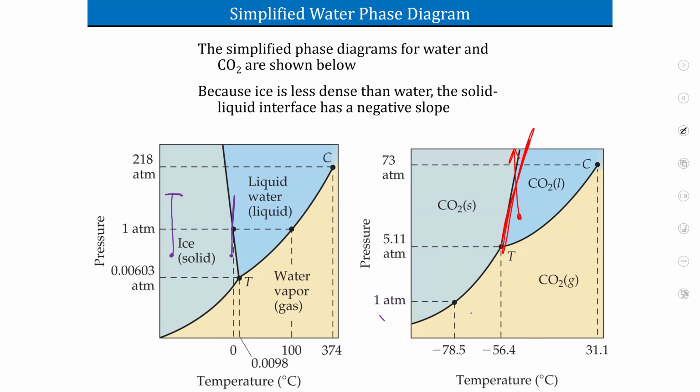So water is fairly unique in that it has this negative slope, that it's more dense as a liquid than a solid. Most things are more dense as a solid, so they're going to have a positive slope like this. If you increase the pressure enough on most substances, they turn to a solid.